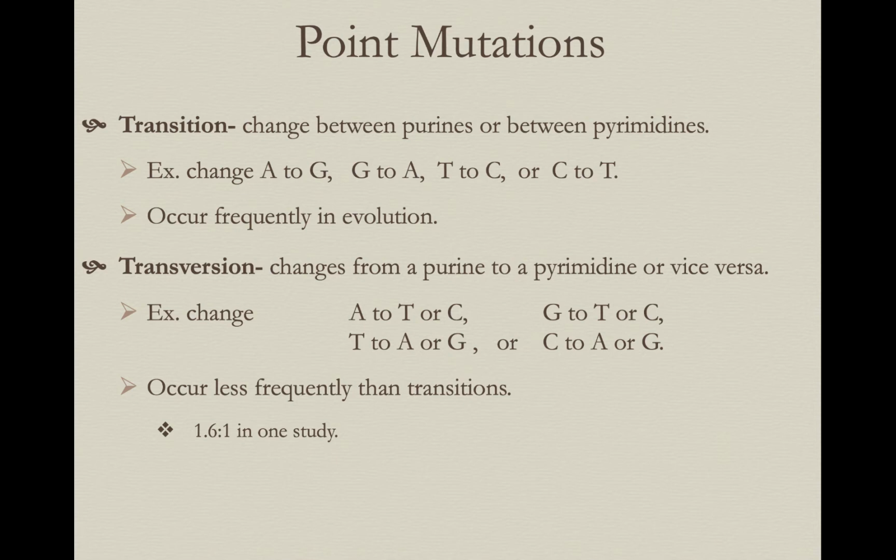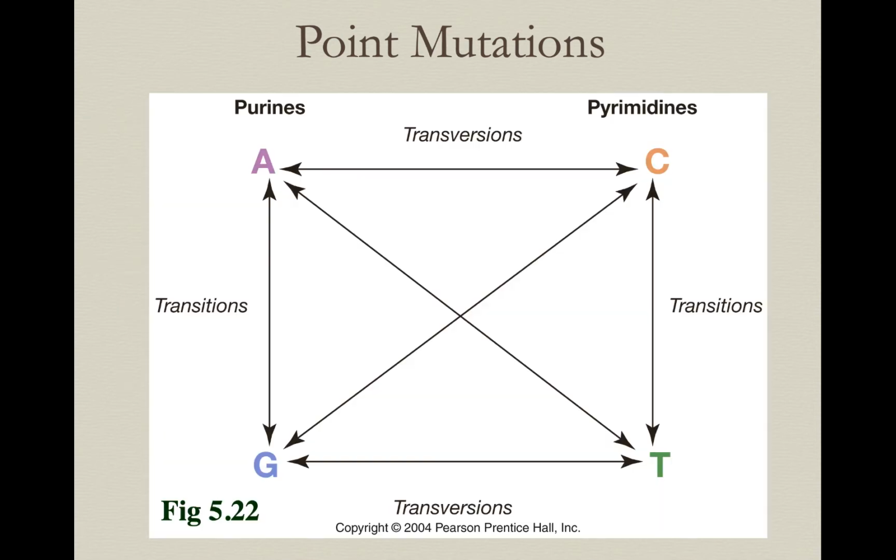But it is generally the pattern that transitions are more common. And here's just a figure from your book that shows you the possible ways that you can get transitions, and the more types of ways you can get transversions, despite the fact that they're not as common.